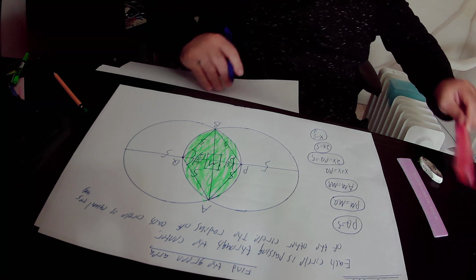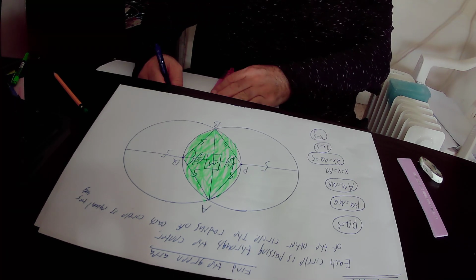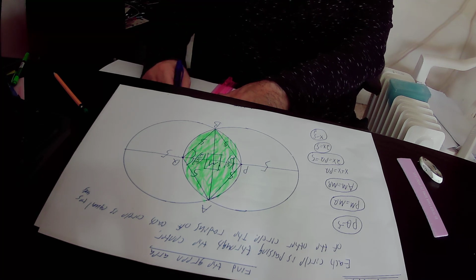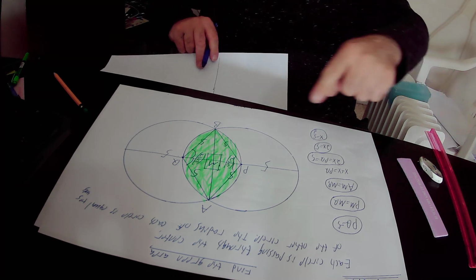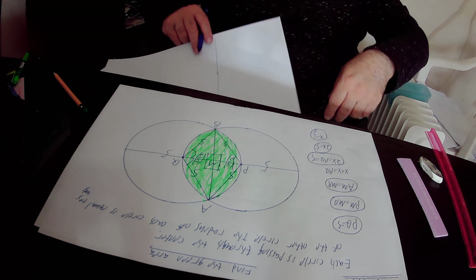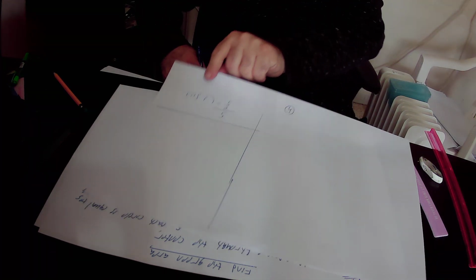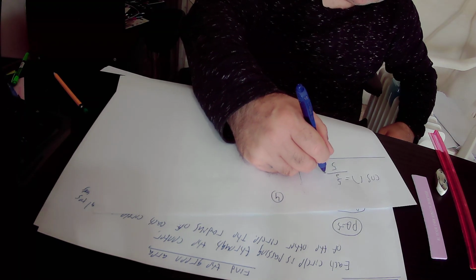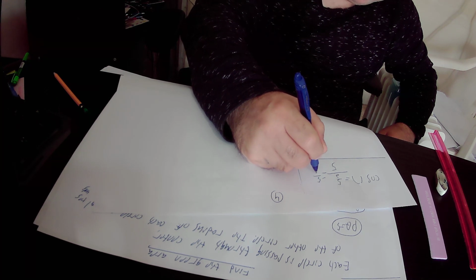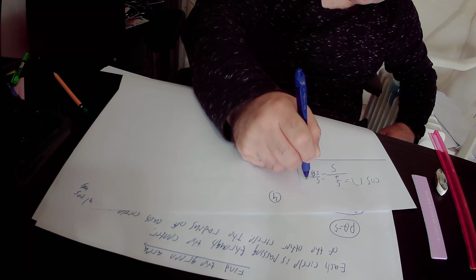I will repeat again. The cosine of each of the four angles is equal to 5 over 2 over 5. Here 5 over 2 over 5 is 5 over 5 times 2. 5 over 5 is 1, so in conclusion, it equals 1 over 2.